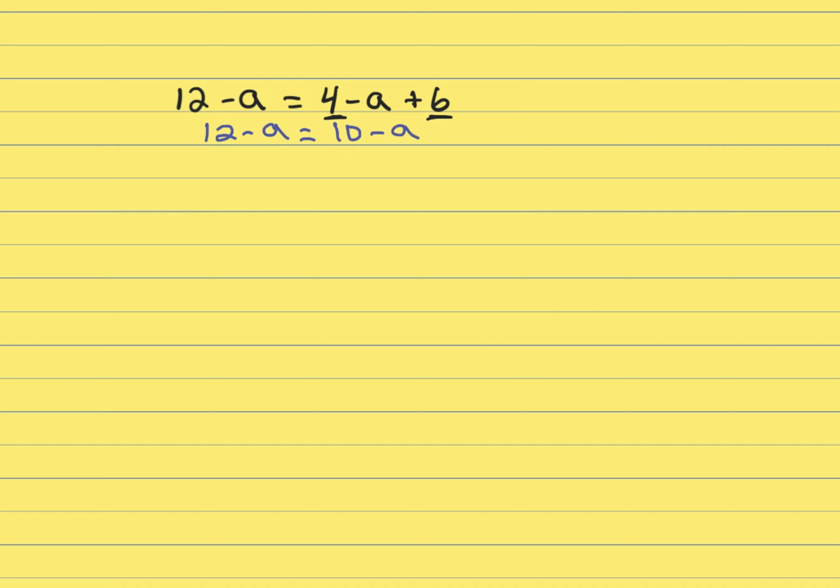Well, now I'm looking at it and I'm going, okay, I want to move the lesser of the two, but they're the same. So I'm just going to go ahead and put plus a on both sides. When I do that, I'm left with 12 is equal to 10. Notice how my variables are gone. But when I look at this, this is a false statement. 12 certainly doesn't equal 10.